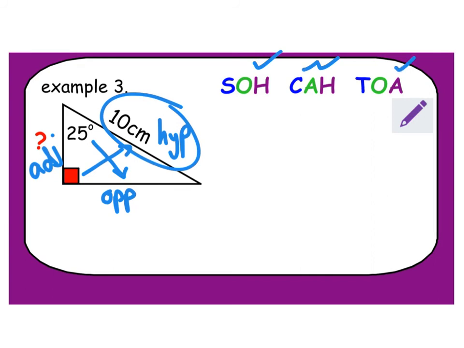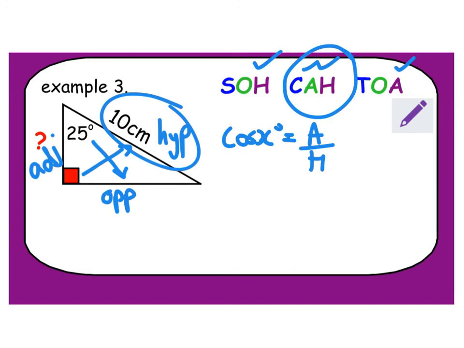You probably could have guessed, I've already used sine, I've already used tan, I'm going to use cos now. So cos of our angle, so cos x degrees is AH, so A over H. Okay, our angle is 25, so we have cos of 25 degrees equals, let's call it Y again, our hypotenuse is 10.